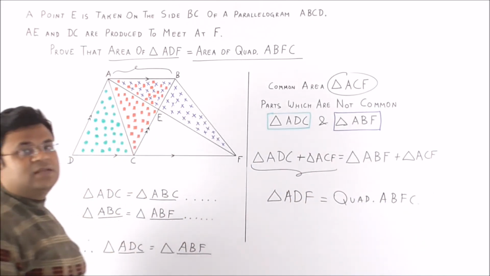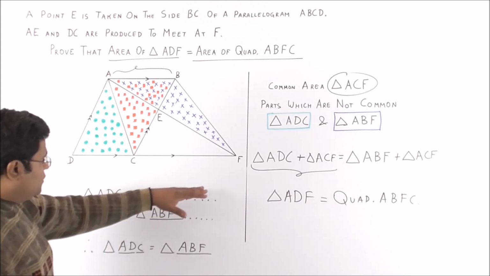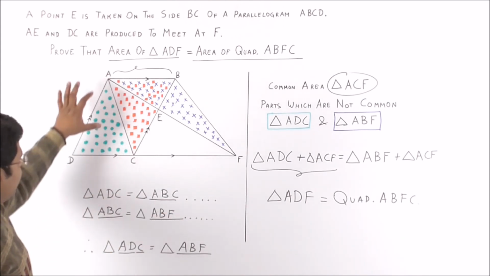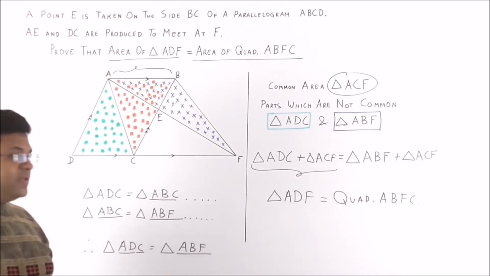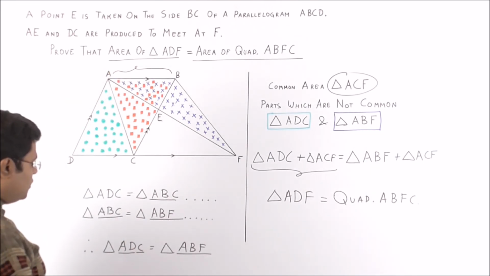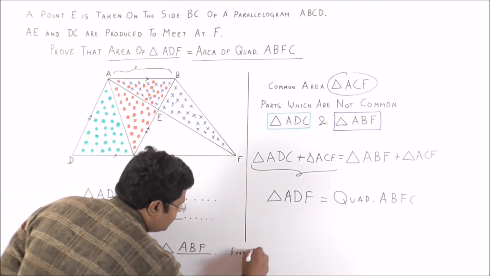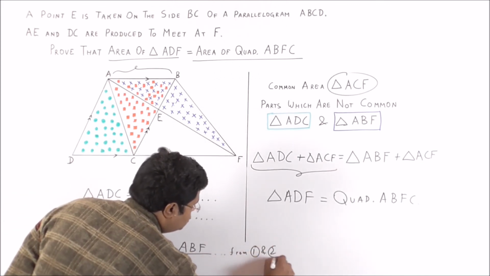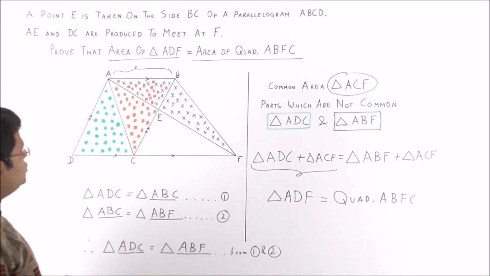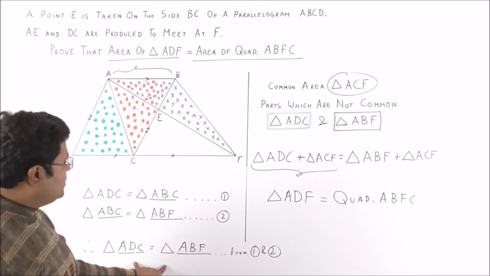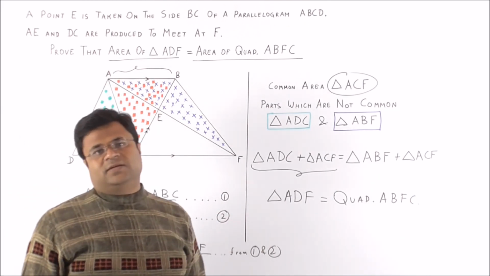Alright, this gives us the proof. Of course, the reasons you can work out. First reason, triangles diagonal divides. Second reason, having the same base lying between same parallels. We get this. What's the reason for this statement? This is from 1 and 2. This is 1, this is 2, and eventually once we get this third statement, adding ACF to both, we get the result, right?